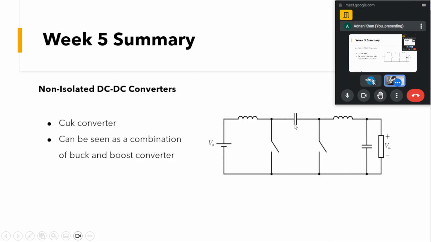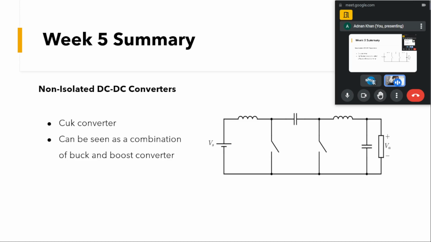In the previous week we had discussed different non-isolated DC-DC converter topologies, like the buck DC-DC converter, by which we were able to step down the voltage from a certain level to the level needed as per our requirement.